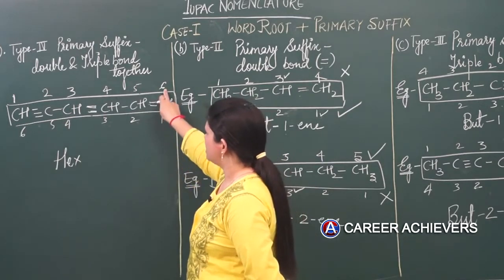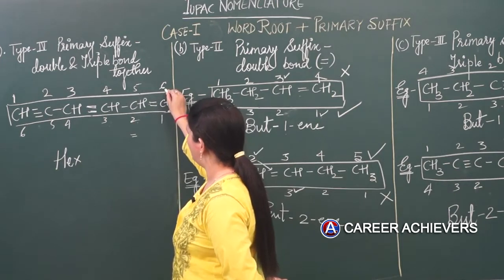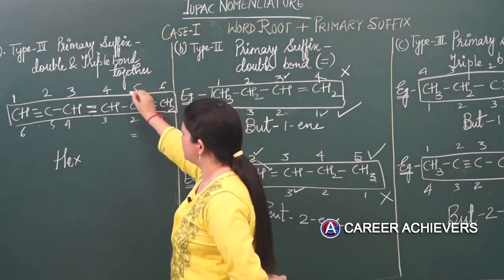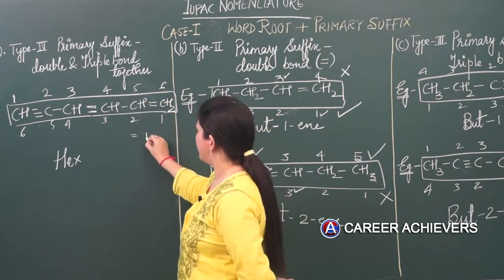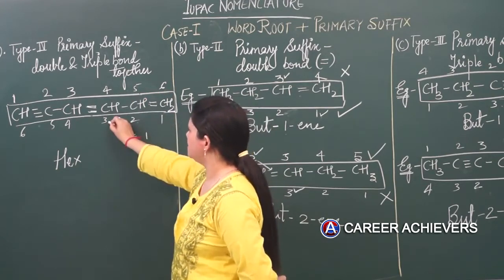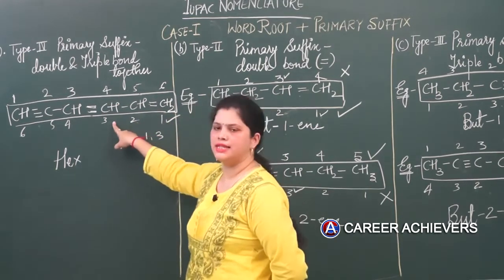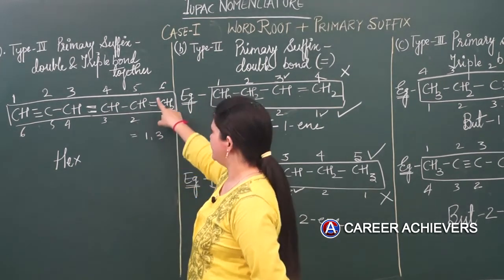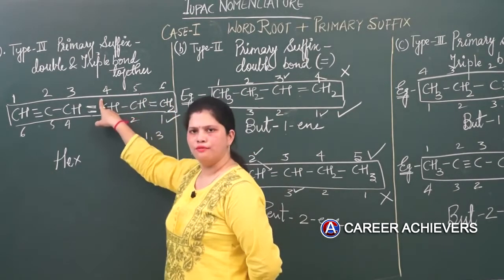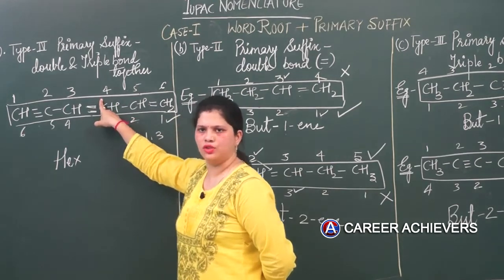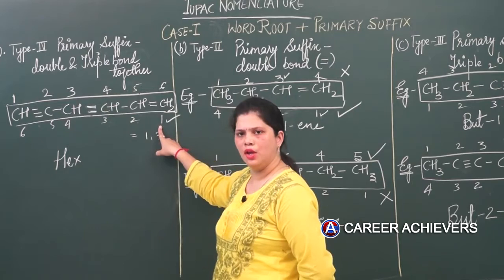From the upper numbering, your double bonds are getting the positions 5th and 4th, and from the lower numbering, you are getting the 1st carbon and the 3rd carbon. So we can see that from the lower numbering the double bond is getting lower numbers, whereas from the upper numbering you were getting 6th and 4th. So that is wrong actually, because you have to number from the side where they get the lower numbering.